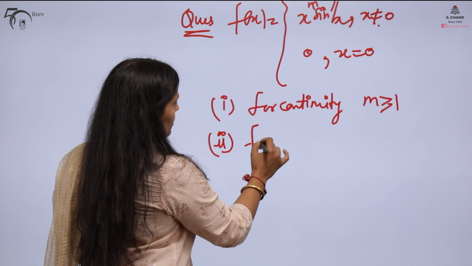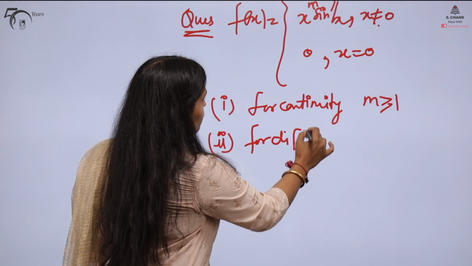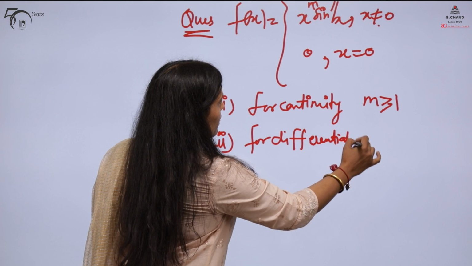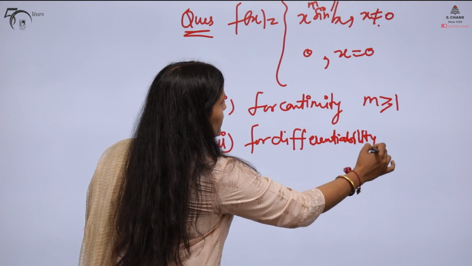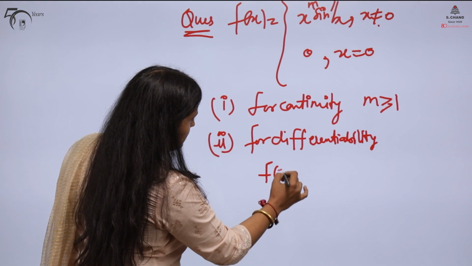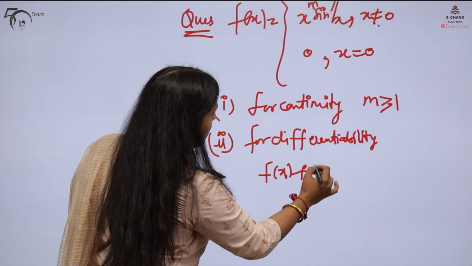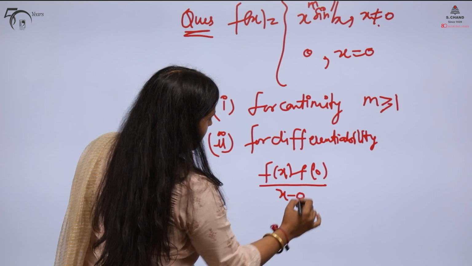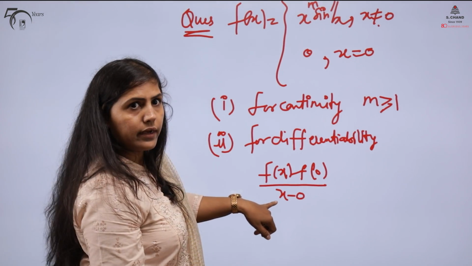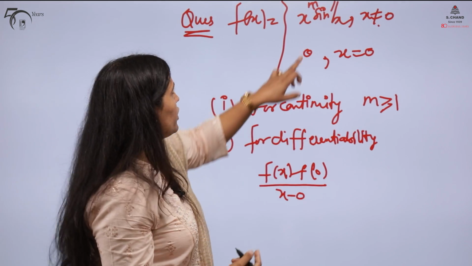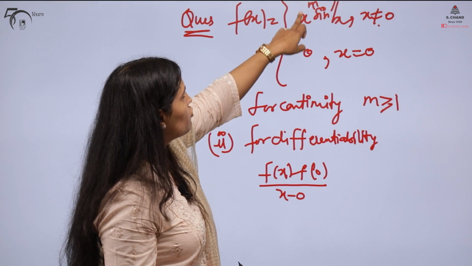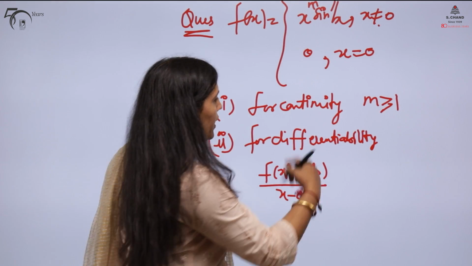Now, for differentiability, what happens? Your definition is (f(x) minus f(0)) upon x, because we are discussing at 0. You get x in the denominator, so one x gets cancelled. So when you are checking differentiability, this expression becomes x to the power m minus 1 times sin(1/x).